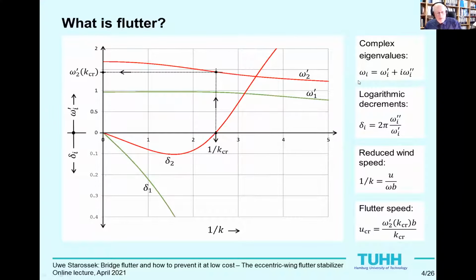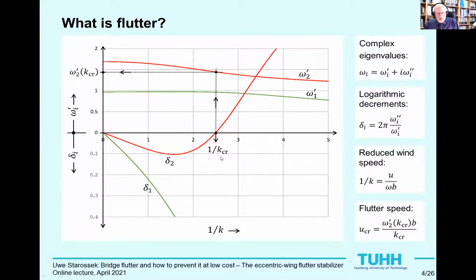Now remember that the second solution condition is that any of the logarithmic decrements delta i is 0, indicating the borderline stable state of harmonic vibration. We find here that delta 2 indeed becomes 0 at a certain value of 1 over k, or equivalently at a certain value of k.